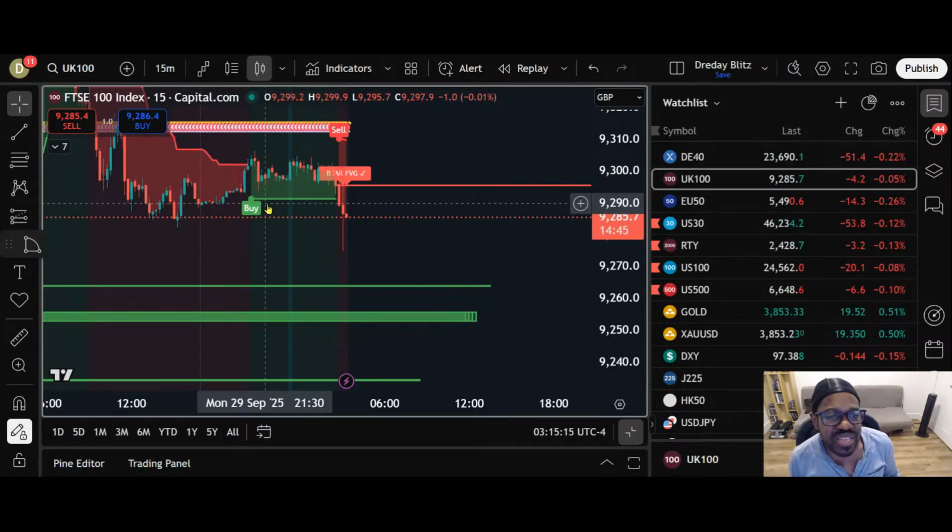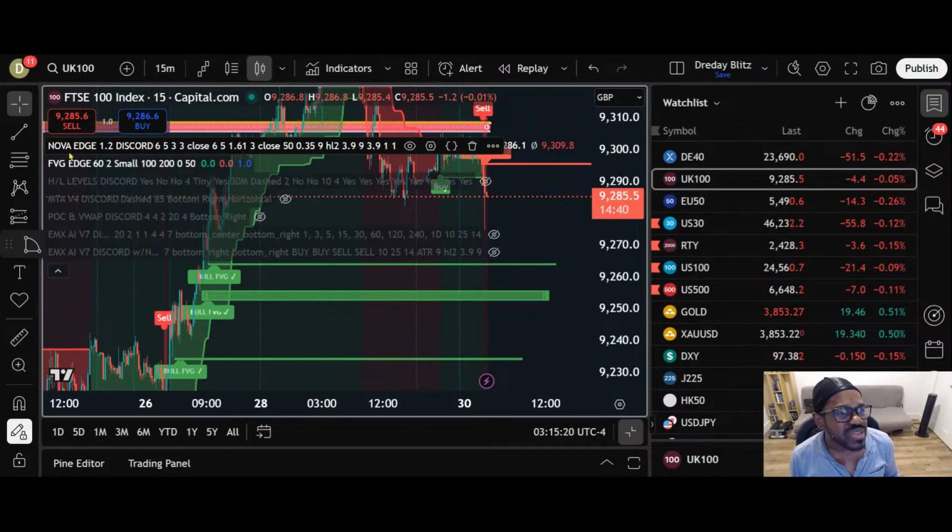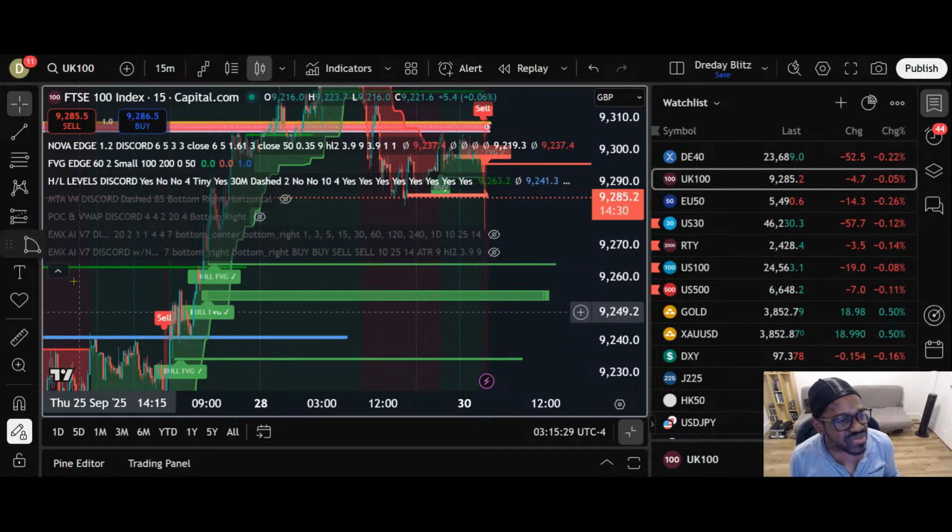So we'll see exactly if it wants to retrace off of a level here, but overall, I'm still looking bearish here off of those levels. Let me open the high-low level here.